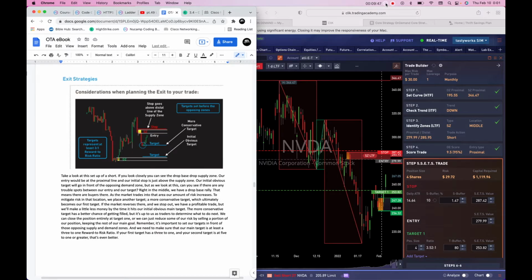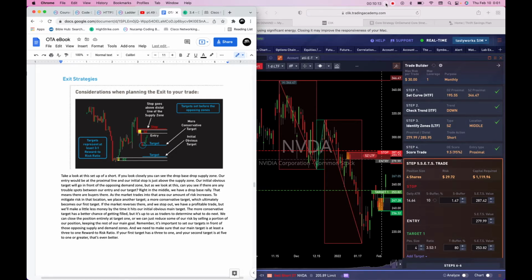So now take a look at this setup of a short position. If you look closely, you can see the drop-base-drop supply zone. Our entry would be at the proximal line, and our initial stop is just above the supply zone. Our initial obvious target will go in front of the opposing demand zone.